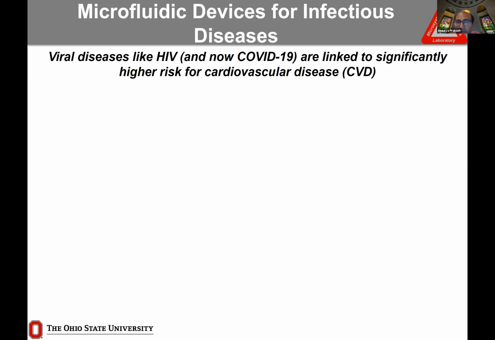It's been known that HIV is a marker for enhanced risk in patients for cardiovascular disease and serious cardiovascular events. There are recent emerging reports that also identify COVID-19 in the same domain. Significant blood clots and cardiovascular events have been reported in people with COVID-19. So, our model works in that domain as well.